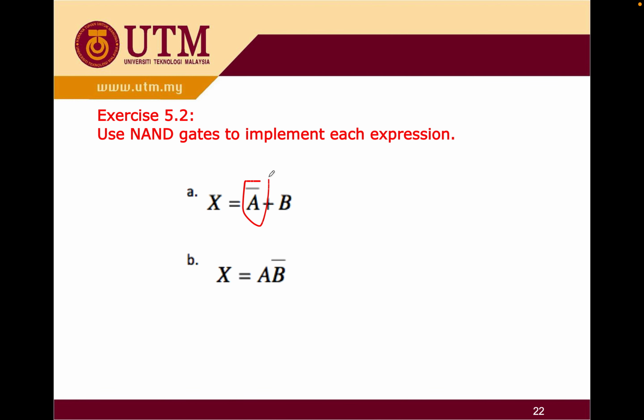So from here, I will have the NAND gate there, and I have an OR gate here. You can see the OR gate. So how does the OR gate look? The output will be A bar plus my B. So this will be my B, and this is my A bar.